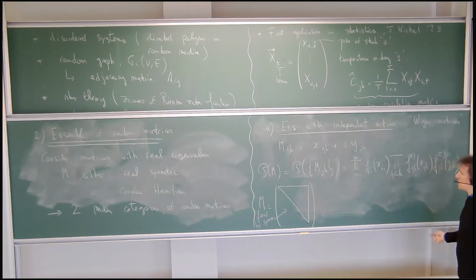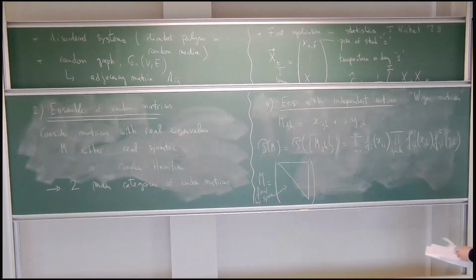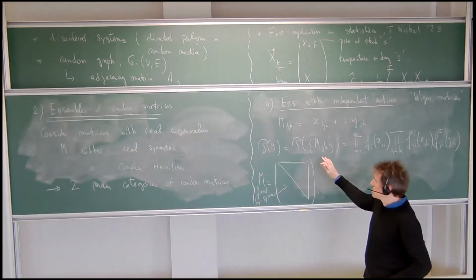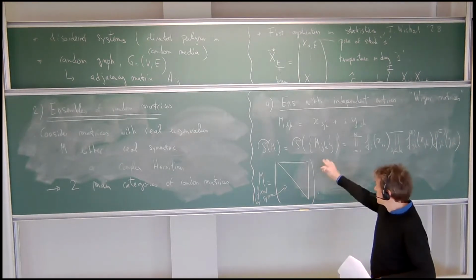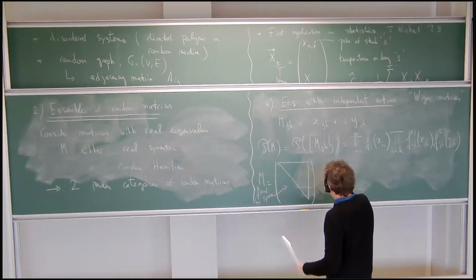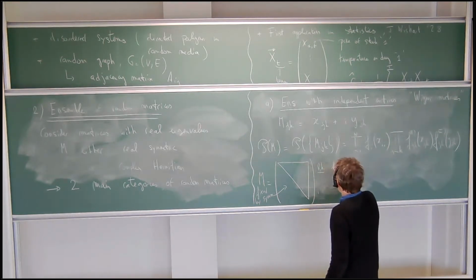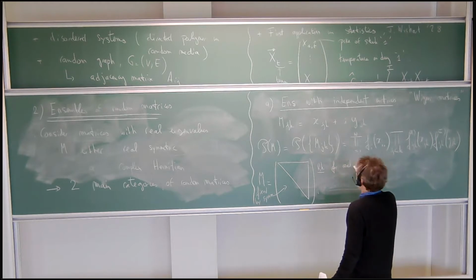Just one remark that will be useful in the following is to count how many independent degrees of freedom you have in such a matrix. Let's consider the case of a real symmetric matrix, because you can do the same counting for Hermitian.